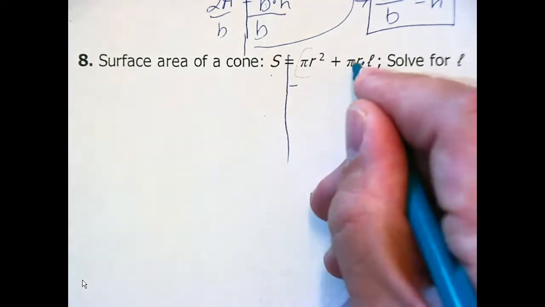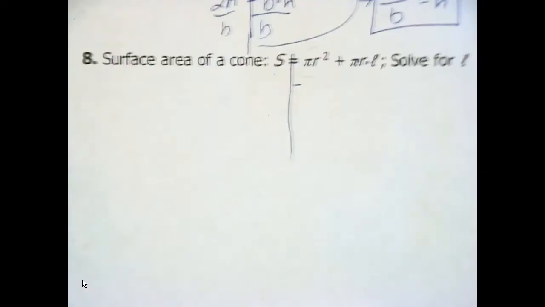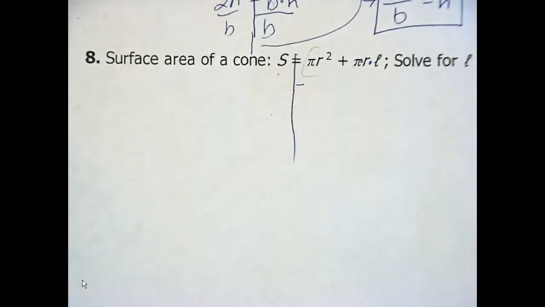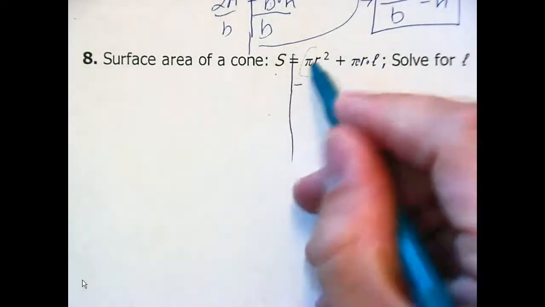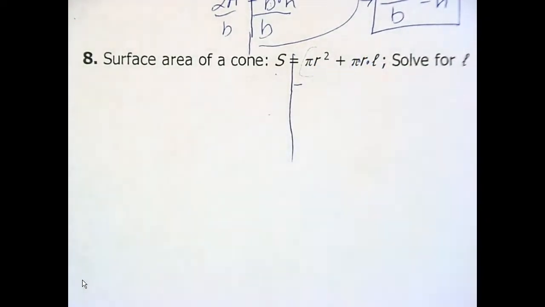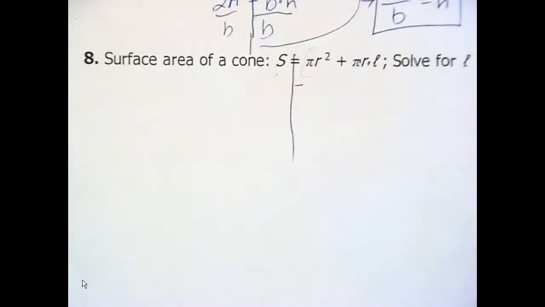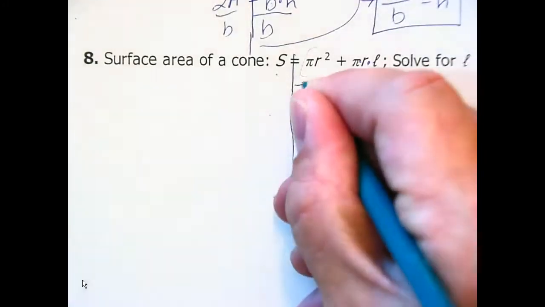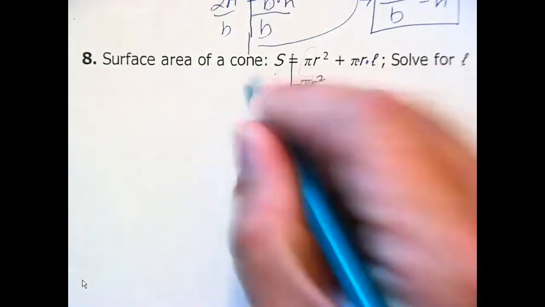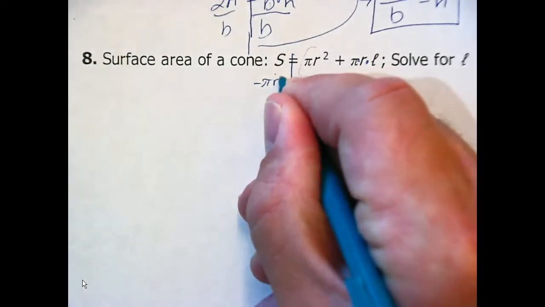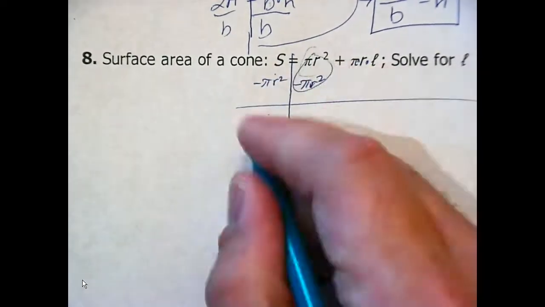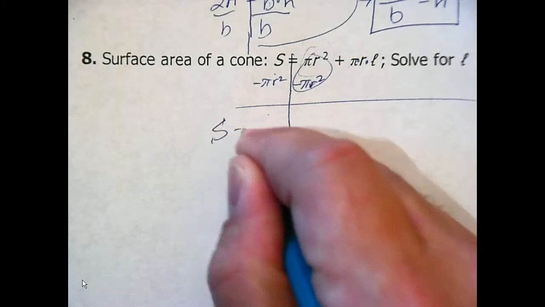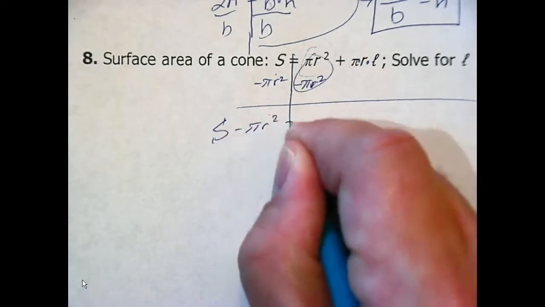Multiplication bonds are stronger than addition and subtraction. So what else could I get rid of? Well, I don't have anything else left over here. Can I get rid of this? How do I do that? Yeah, minus it. Okay, these are gone. S minus pi r squared is equal to pi RL.